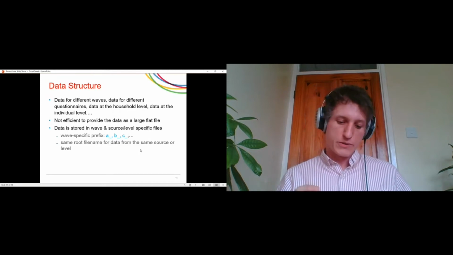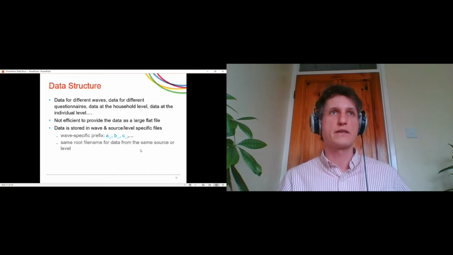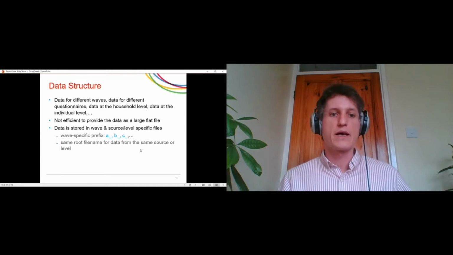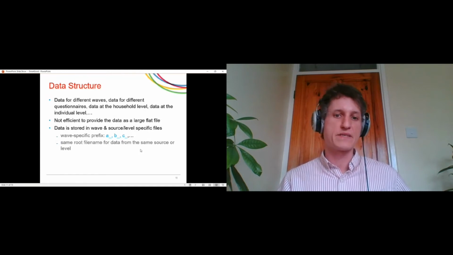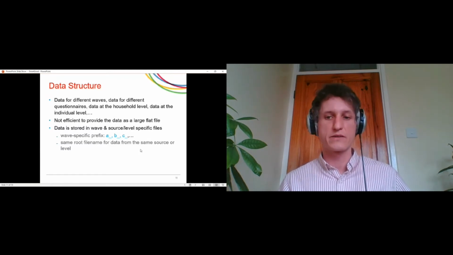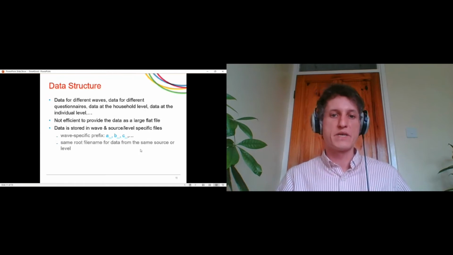However, there are some simple rules and ways in which you can get orientation in our data. First of all, we have a wave-specific prefix. The rule here is that the consecutive letters of the alphabet denote the consecutive numbers. So A stands for 1, B stands for 2, and so on.